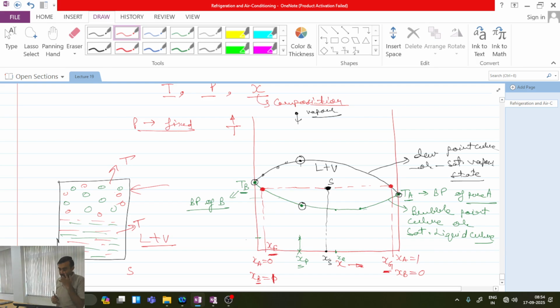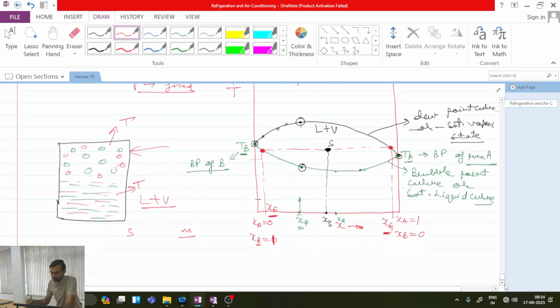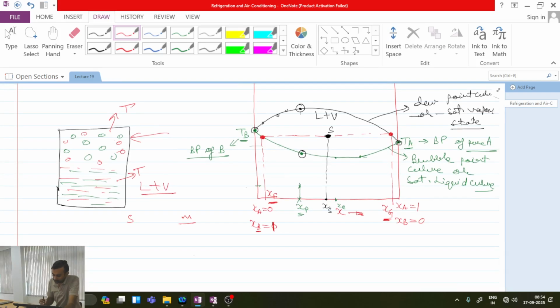Now let us try to relate it to some more physical parameter. Let us consider that the total mass of the liquid and vapor phases in the entire mixture is M. We have one thermodynamic property which we call dryness fraction. What is dryness fraction? Please tell me.